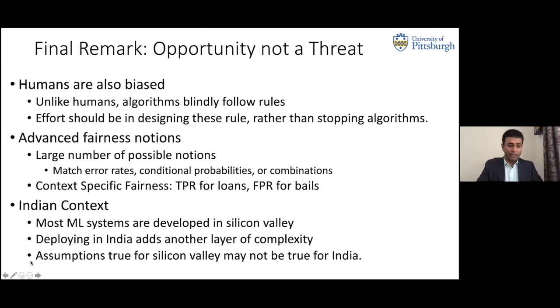And because this talk is in India, I wanted to say something about that. One paper I read from somebody who works at Google Hyderabad in India, I forgot to cite that, I should have cited that. The paper says that most of the algorithms are actually being developed in Silicon Valley.